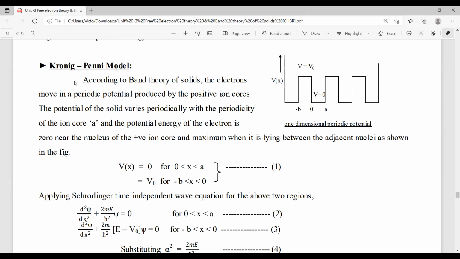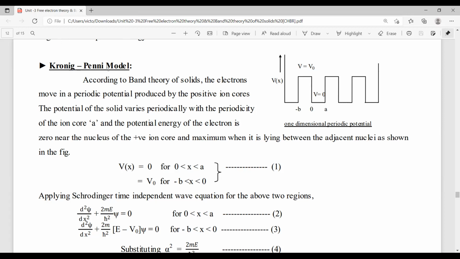Based on the various velocities, the mass of the electron also varies. This varying mass of the electron is nothing but the effective mass of the electron, indicated by the symbol m star. In the last class, we also discussed the expression for m star.